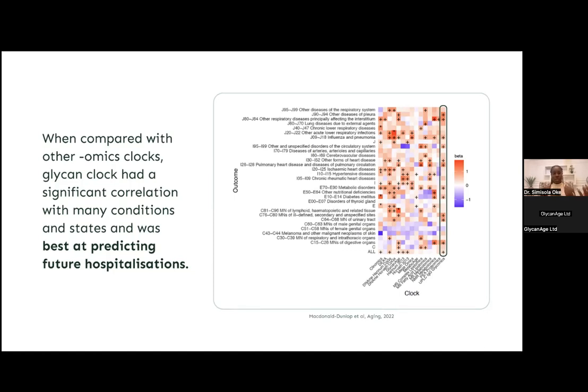This is an outcome that I think is really important because, of course, nobody wants to end up in hospital. And what they found was that GlycanAge, the glycan clock, was the best at predicting future hospitalization. I think that really speaks to how valuable GlycanAge or glycomics is at predicting disease, but also the outcomes that matter.